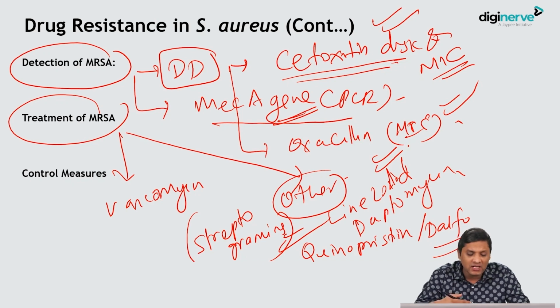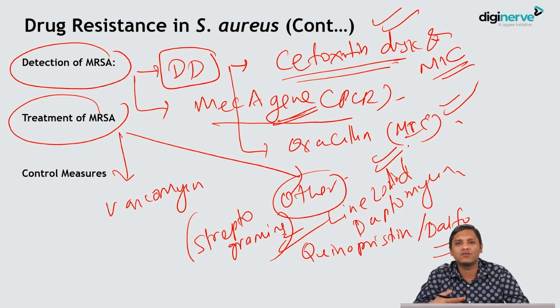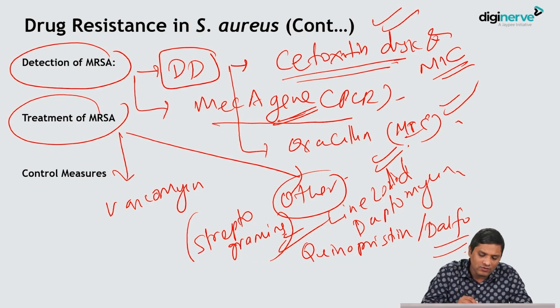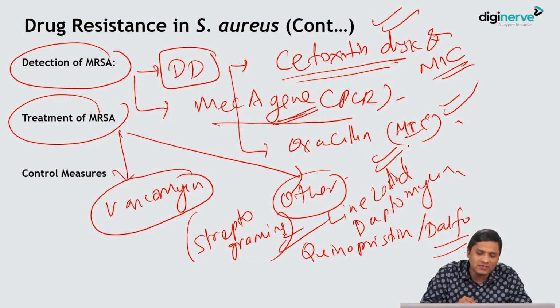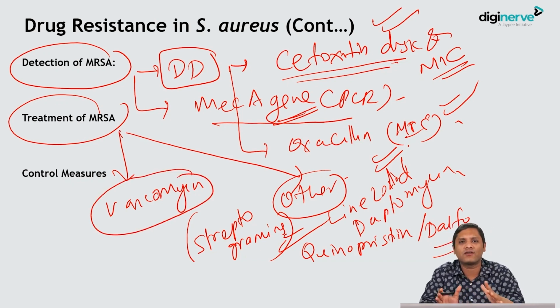So these are various higher class of antibiotics which can be given if you have MRSA, but vancomycin is the usual standard first line drug of therapy.